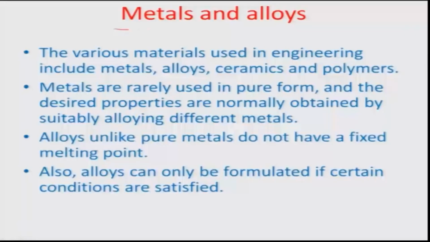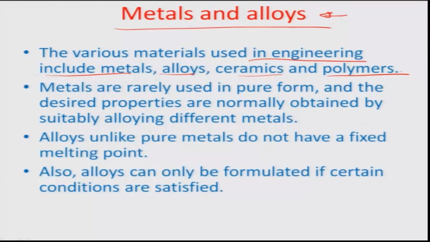So, that is where let us now look at metals and alloys, because we are going to do castings etc. in the later modules, and we need to understand some of these two phase or multi-phase materials, how they are made. So, you know that various materials used in engineering today include metals, alloys, ceramics, polymers, so on and so forth.